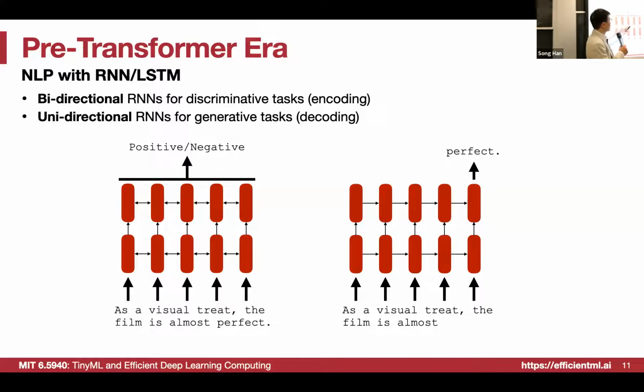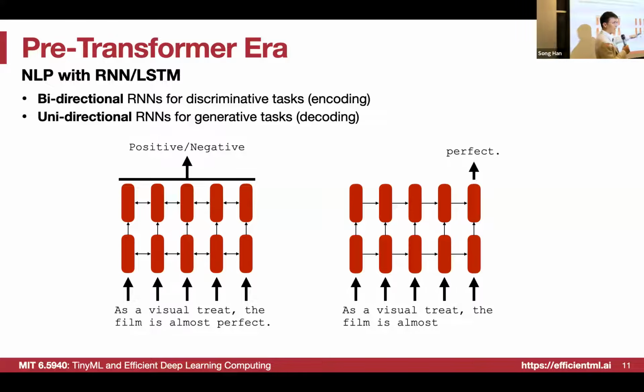Like we mentioned, there are two tasks. One is the discriminative task, the other is the generative task. So using RNN or LSTM, we can use bidirectional RNN for the discriminative task, since bidirectional means you can see not only the current word, but also the word in the future. Right? So it is done offline, therefore you can have bidirectional.